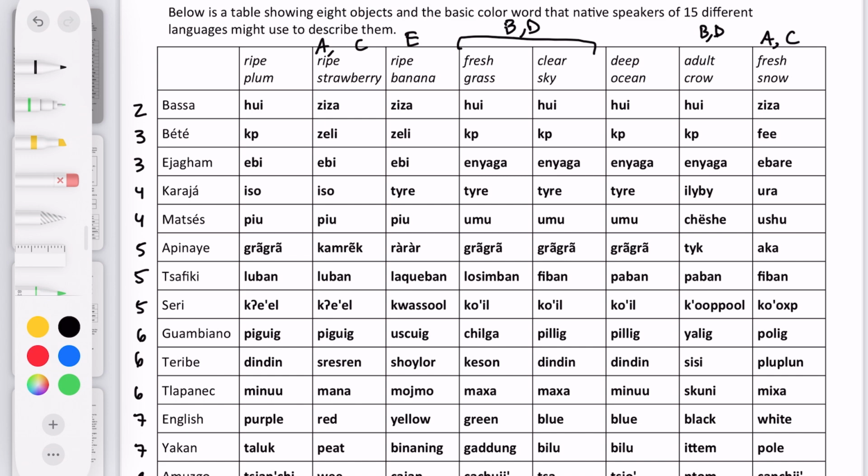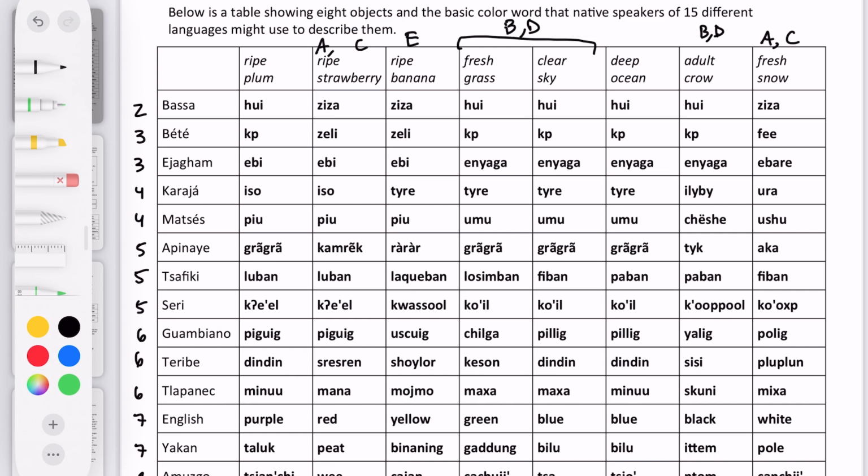And because of that, let's say we take a look at this language Tlapanek over here. Because from what we have here, we can conclude that G and H are going to match with either a column from Minu or a column from Maxa, respectively.